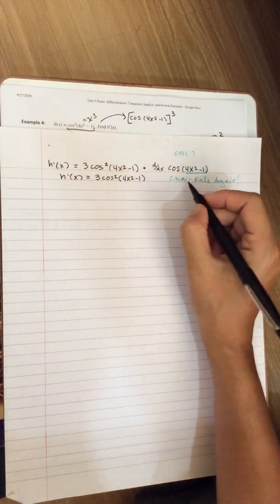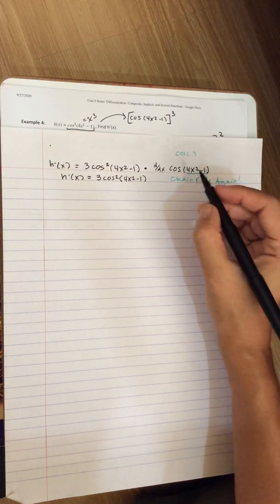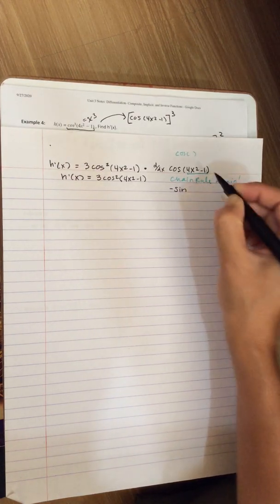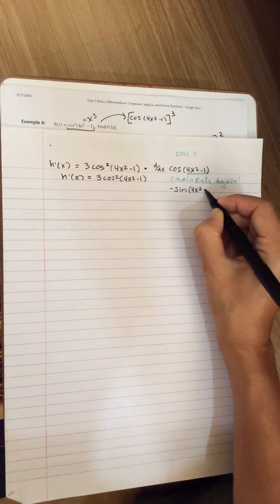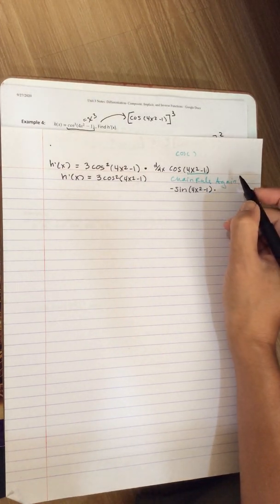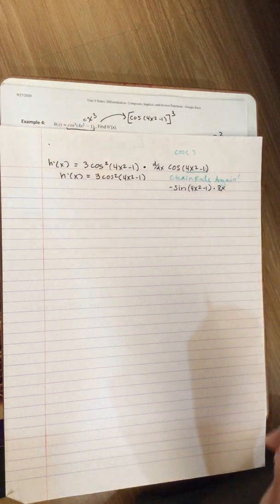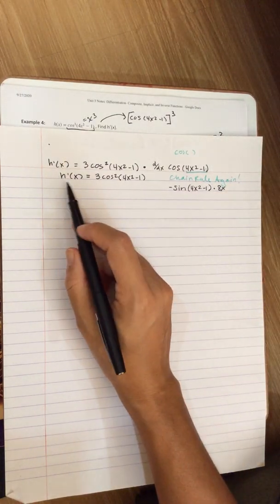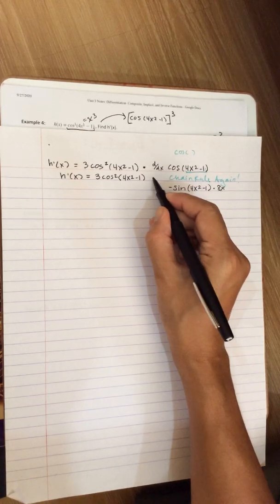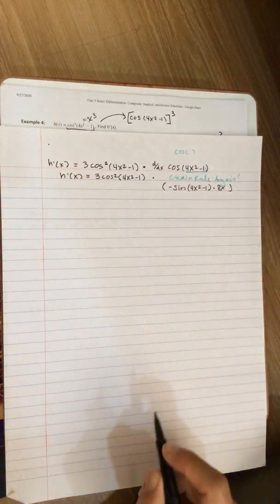So this becomes, well, what's the derivative of cosine? Negative sine of all the stuff on the inside. And then times the derivative of the inner function. What's the derivative of 4x squared minus 1? Just 8x. So my derivative is actually this thing times all of that.